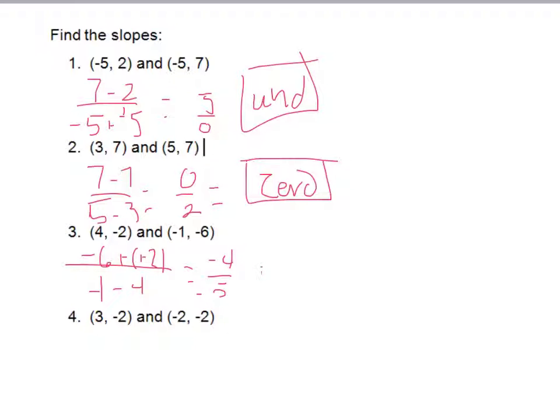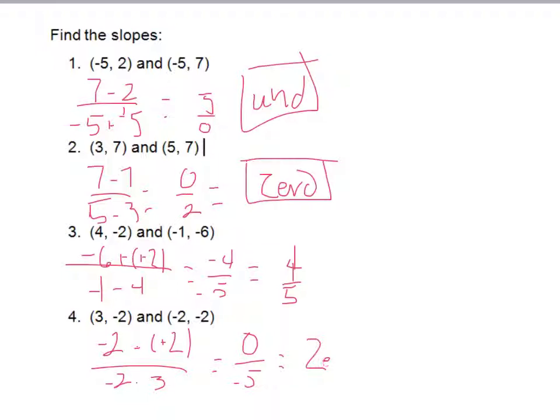So that would be a positive 4/5, because both of the negatives would become positive. And then the top one, negative 2 minus a negative 2, that would be plus positive, all over negative 2 minus 3: 0 over negative 5. 0 over a number, that's when you have a 0 slope.